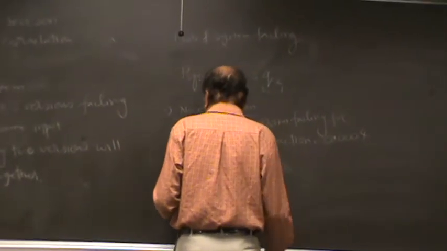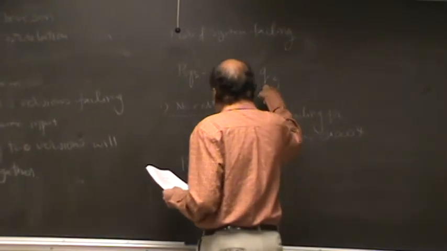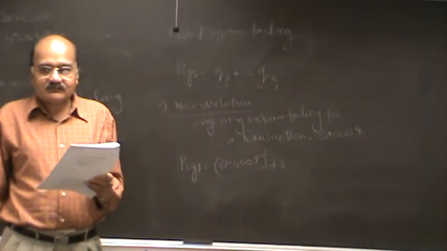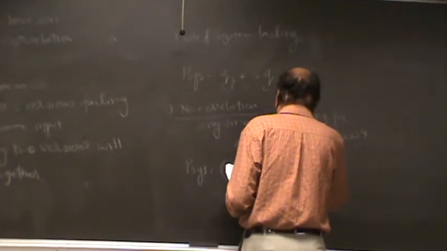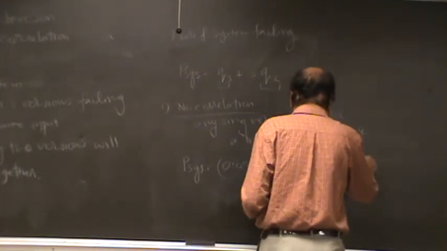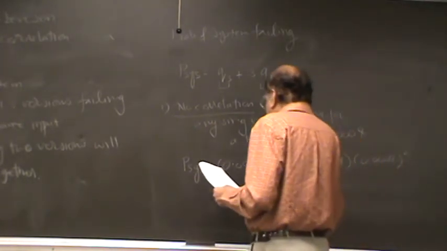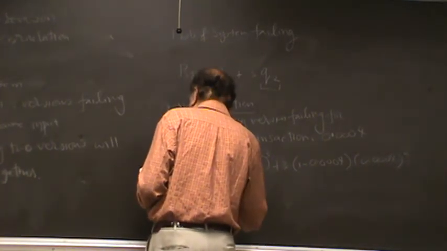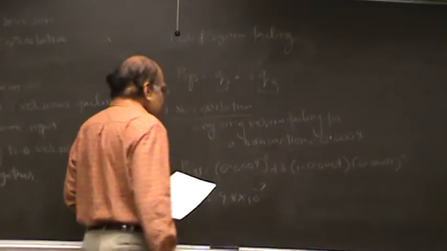And of course, since we are assuming there is no correlation, we also need the probability that two of them fail and one of them does not fail, right? So the probability of the system failing is 4.8 multiplied by 10 raised to minus 7 for a single transaction.